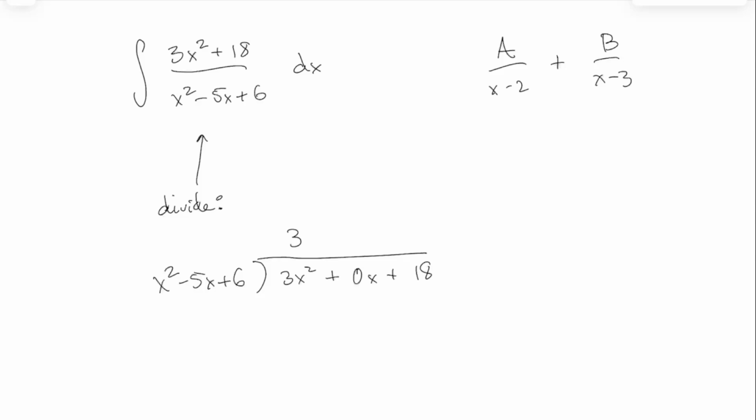So that thing outside the vinculus goes into the other thing 3 times. And now to continue the long division, here we need only one step. But we now multiply the number up here, this partial quotient, by this thing. And it becomes, and I'm going to write it right underneath, 3x squared minus 15x plus 18, right?